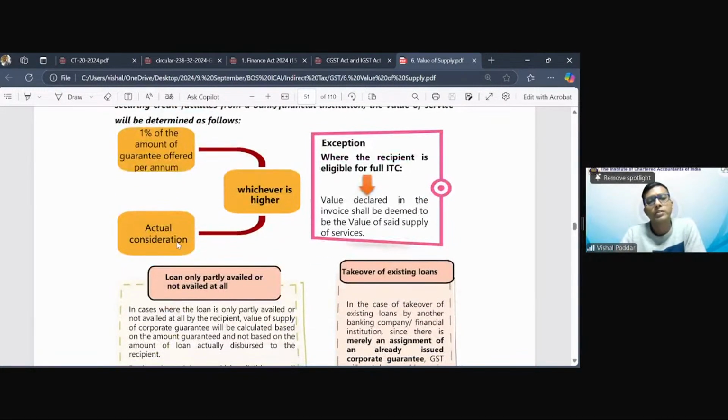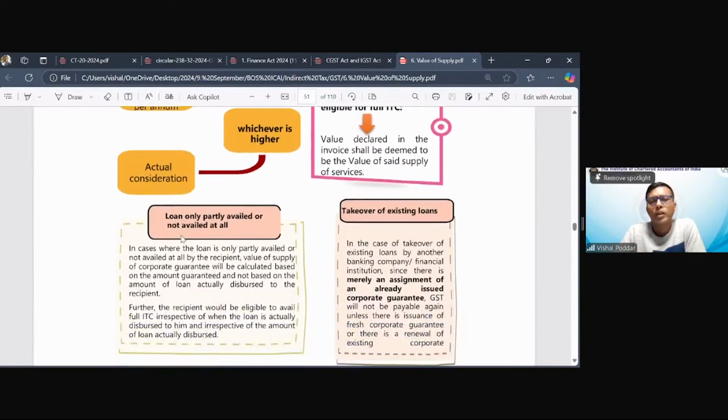And for this service, there are two possibilities. The director may not charge any remuneration to the company. Remuneration means any type of consideration, or the director is charging. If the director is not charging, the value is straightforward 1% of the guarantee. If the director is charging, you have to take the higher of the two amounts, 1% or the amount which the director is actually charging.